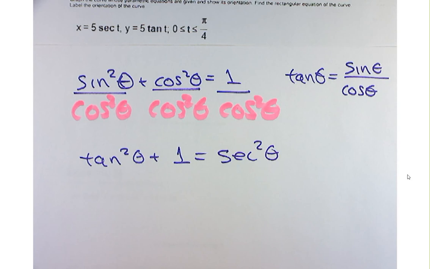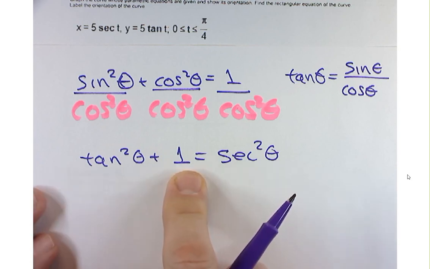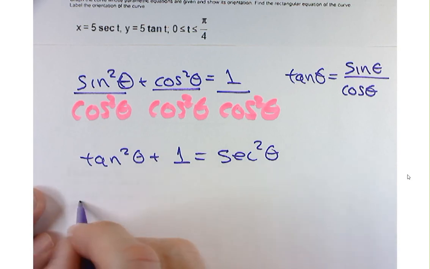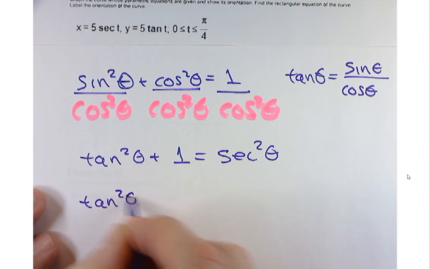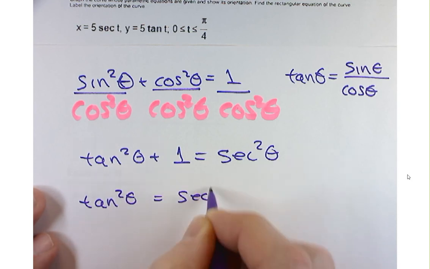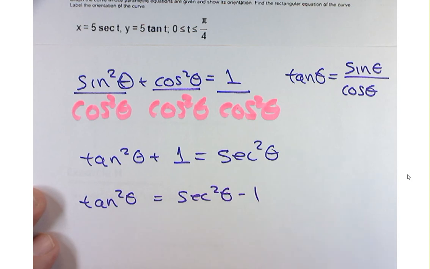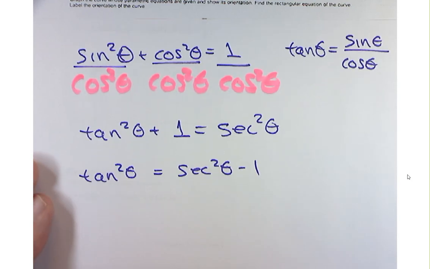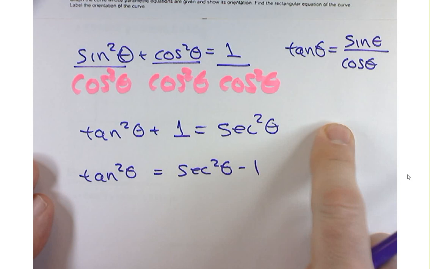So we've got a new identity. And if I wanted that identity solved for, say, tangent, I could do this. I could say tangent squared of theta equals secant squared of theta minus 1. Or I could put the tangent squared on the other side.